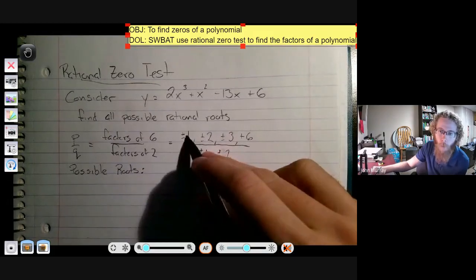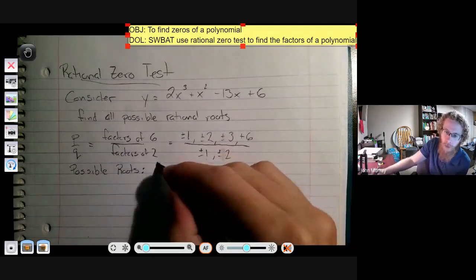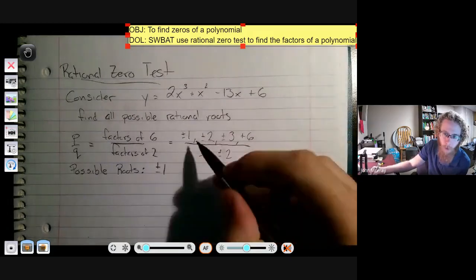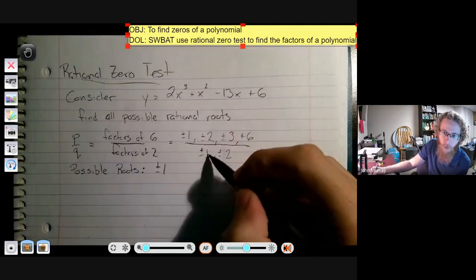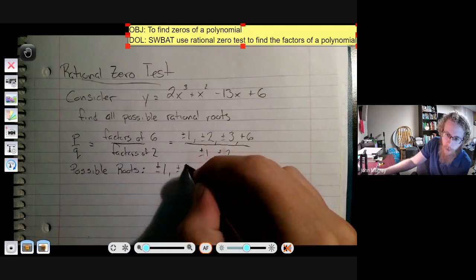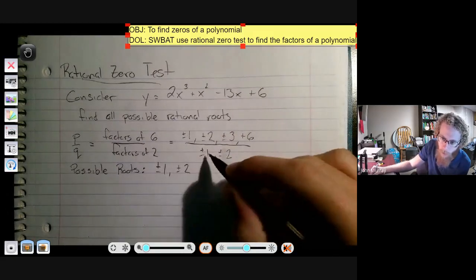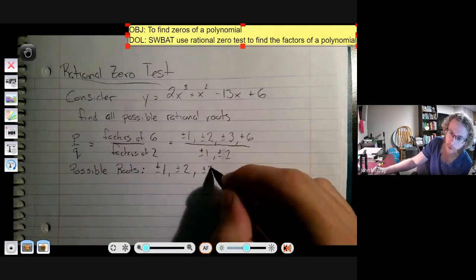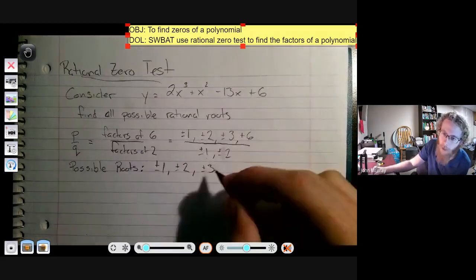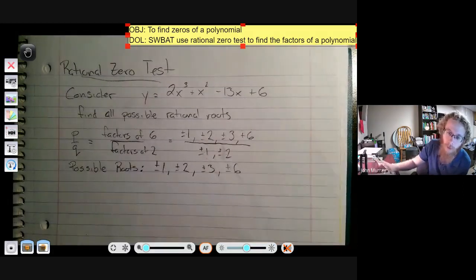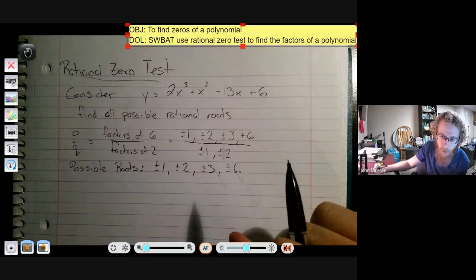So first we would have 1 over 1, so that's going to be plus or minus 1. 2 over 1, plus or minus 2. 3 over 1, plus or minus 3. 6 over 1, plus or minus 6. So that's what we saw yesterday. That was fine.